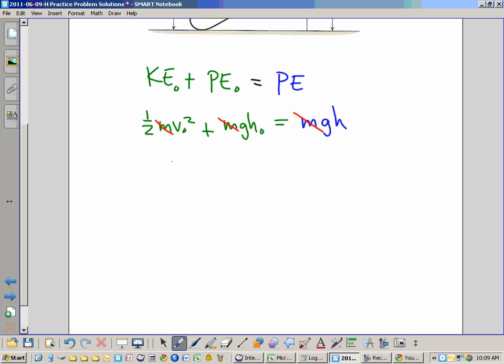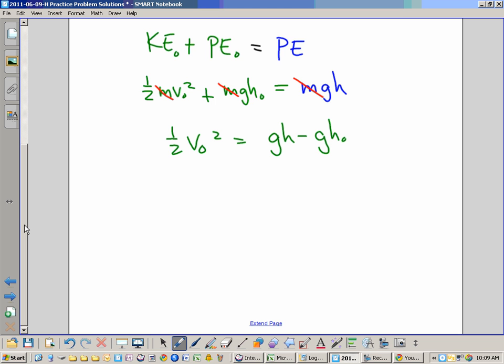We got 1/2 V naught squared is equal to GH minus GH naught, which is equal to G times delta H, right? But we'll just leave it as is. We'll multiply each side by 2, and then we'll take the square root. So V naught is equal to the square root of 2G times H minus H naught.